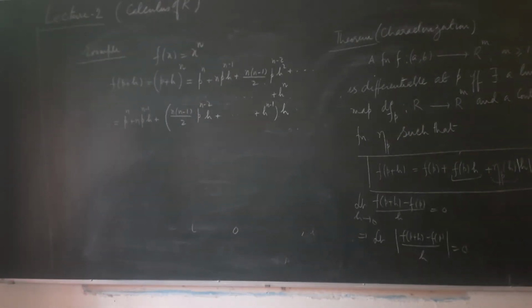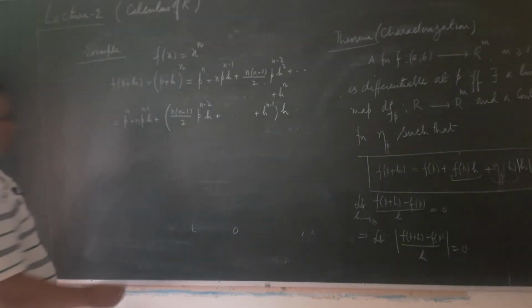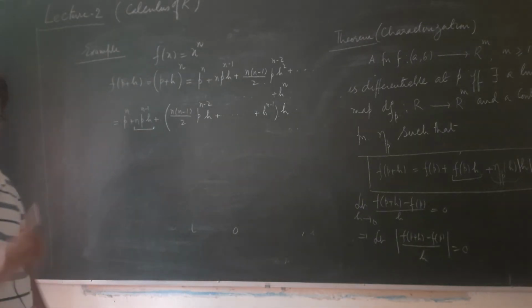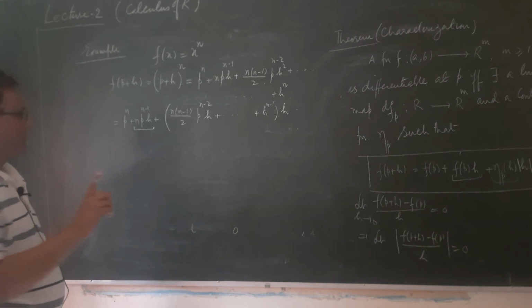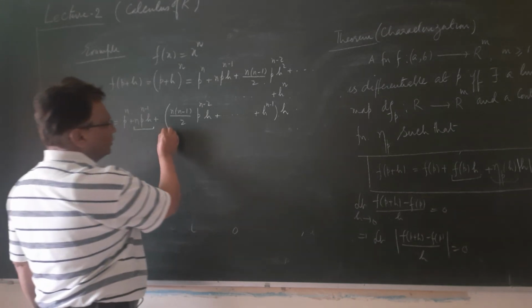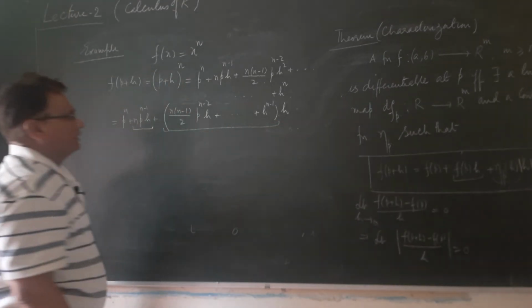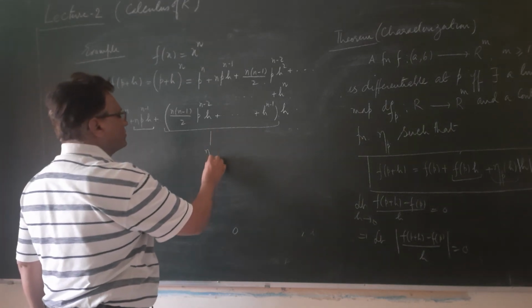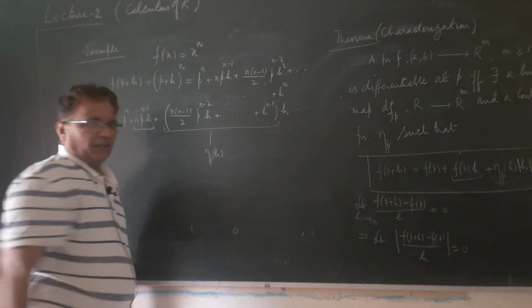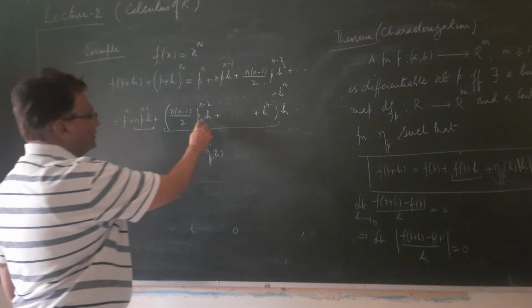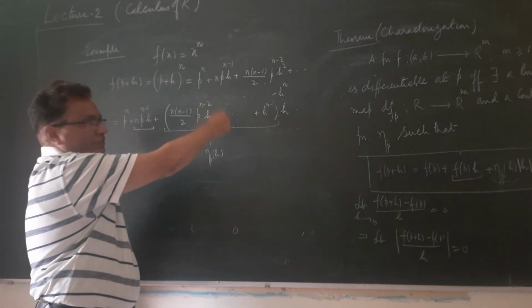Now look at this expression. You can see this term is a linear term in h because you have power 1 for h. So this is the linear term of this series. And this quantity in the bracket is my function eta p. This function tends towards 0 faster than h in the limiting case because the powers of h are increasing, h squared and so on.